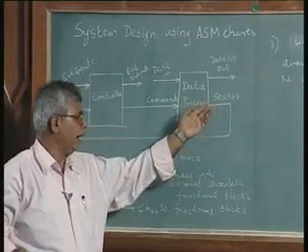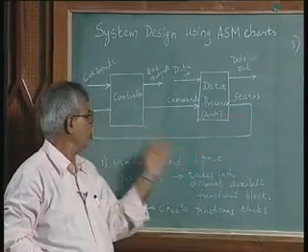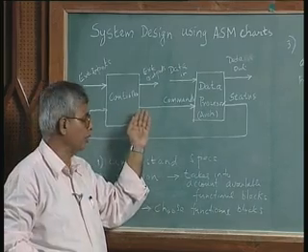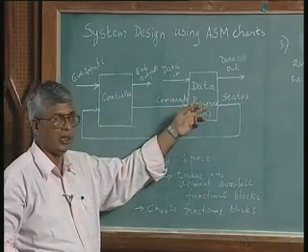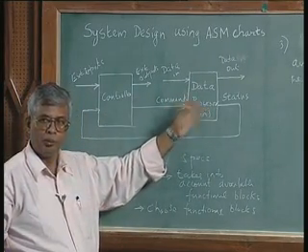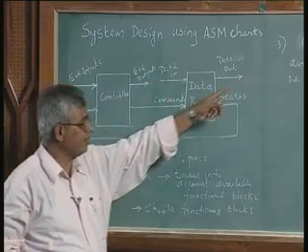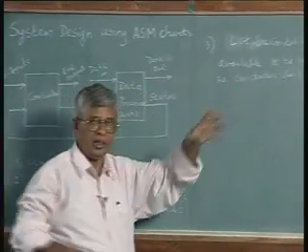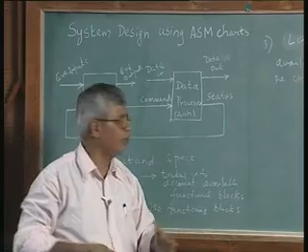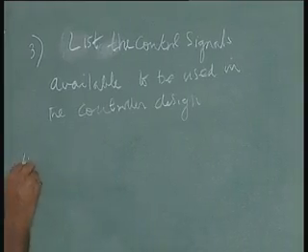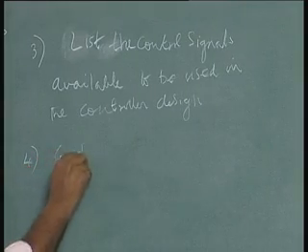That means I can get a control signal going back to the controller, or I can have a control signal which can come from the controller into the unit. Both of them are to be identified. With this, I have an idea of the controller itself. So, that means I need to get a block diagram of a controller.